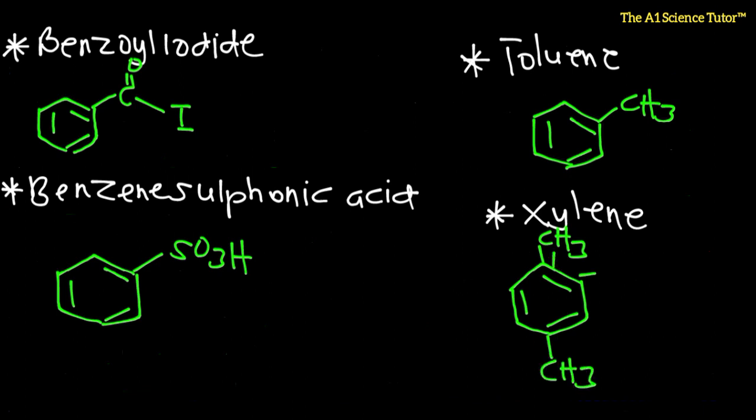So this is 1, 2, 3, and this is the fourth position. And if you wanted to name it in conventional form, that is going to be 1,4-dimethylbenzene, but we have xylene as a common name, which is basically what we're trying to deal with in this video. So let us try out some few more.